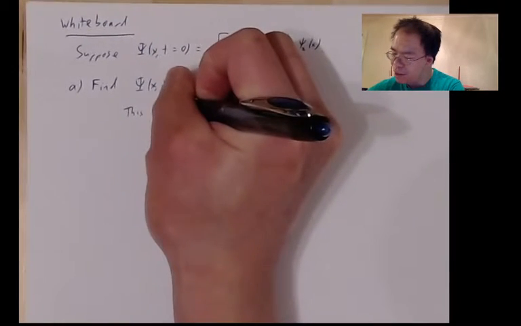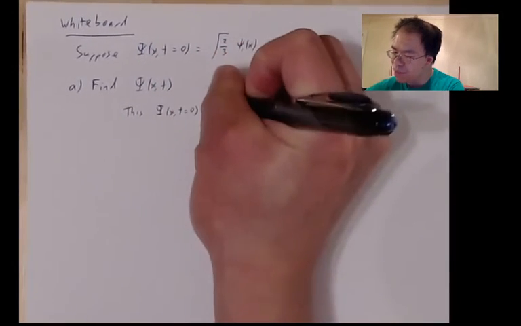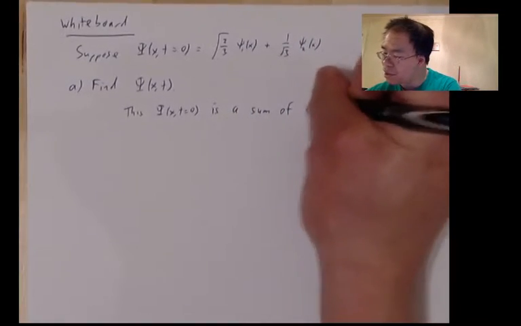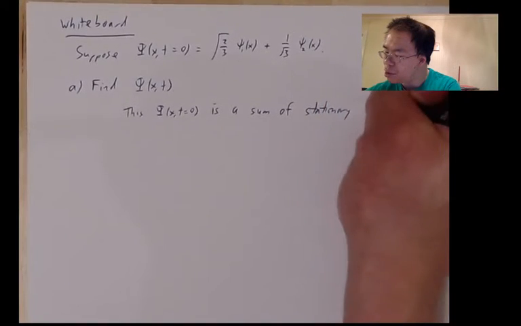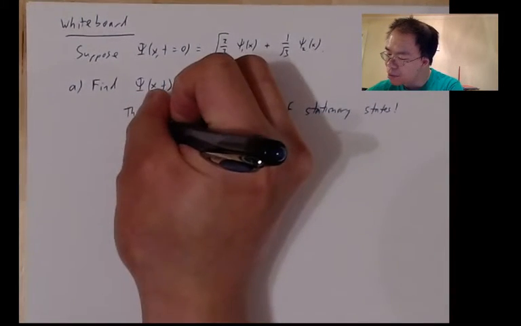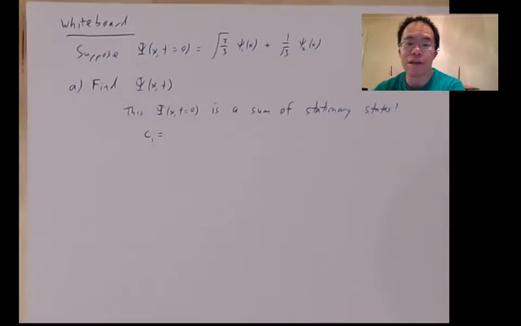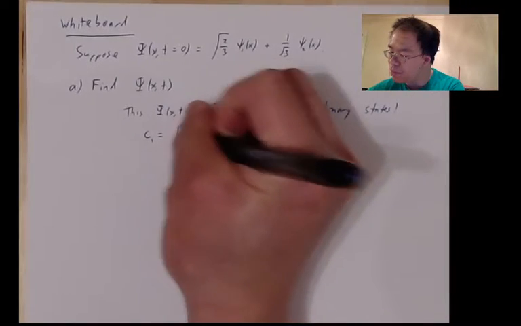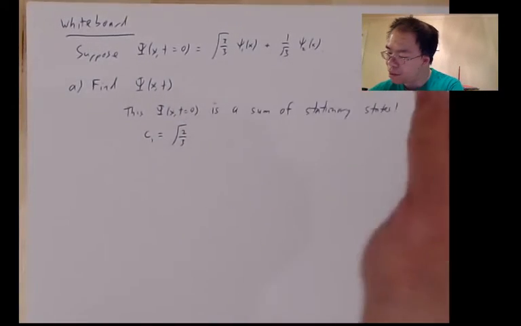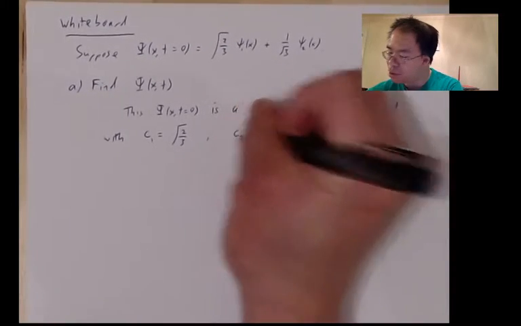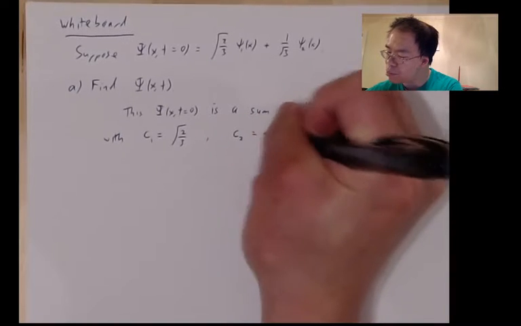Psi of x, t equals 0 is a sum of stationary states, so it's already in the form of that sum where we can recognize that the coefficient in front of psi 1 is square root of 2/3, let's call that c1, and c2 equals 1 over root 3.